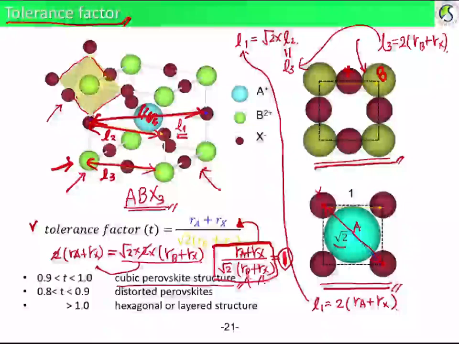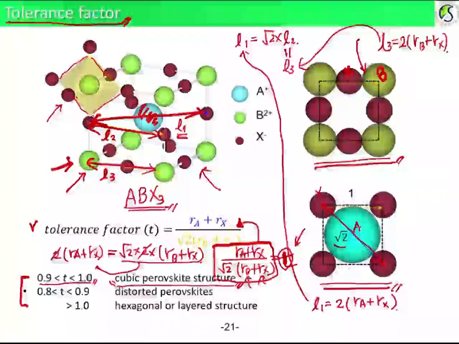So we can see that if this tolerance factor is from 0.9 to 1, we can form the cubic perovskite structure.